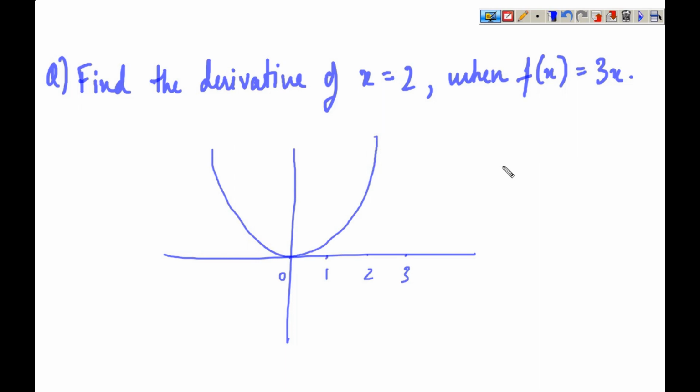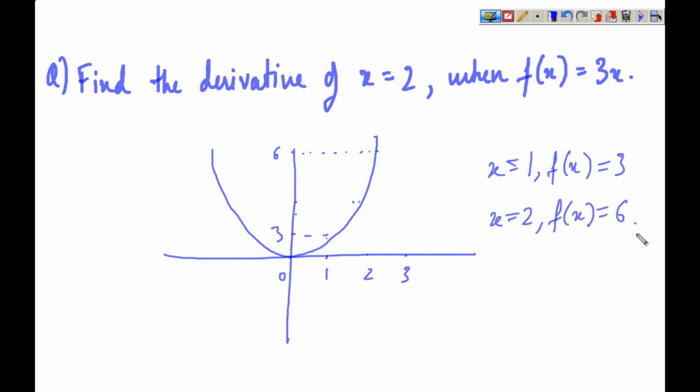So when x is equal to 2, the value of the function is 6. So it'll be around here. And when x is 1, sorry, when x is 1, it'll be around here, this is 3. So we can see when x equals 1, the value of the function is 3, and when x equals 2, the value of the function is 6.